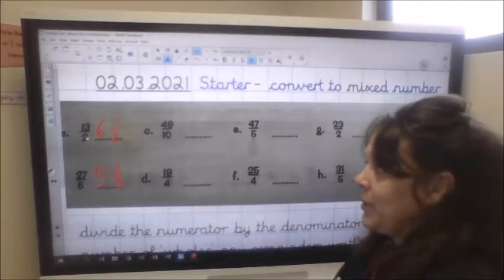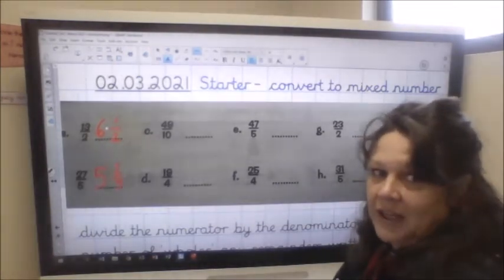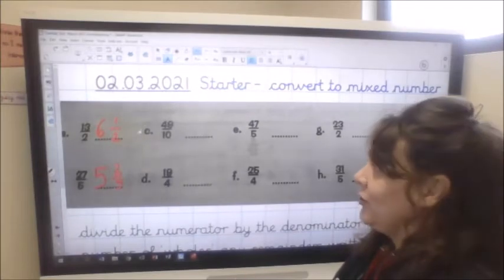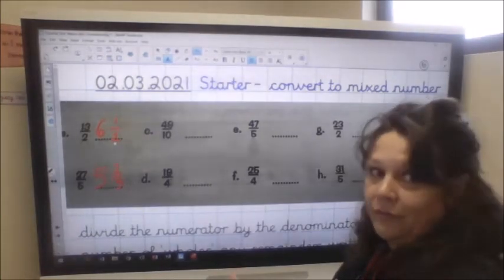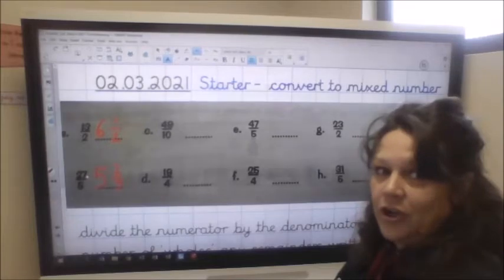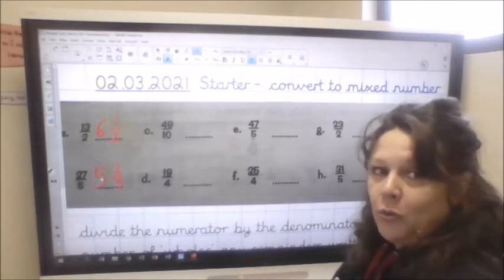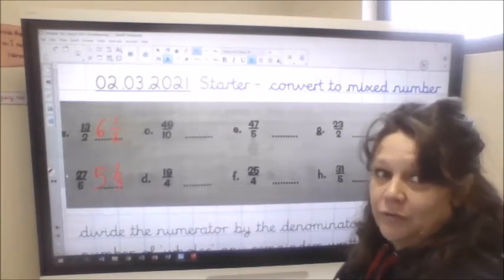So remember, 2's into 13 goes 6, 1 left over, so it's 6 and a half. 5's into 27 goes 5, with 2 left over, so it's 5 and 2 fifths.